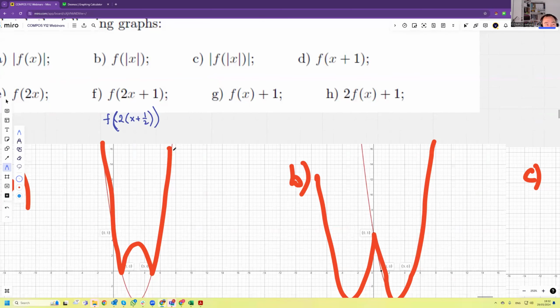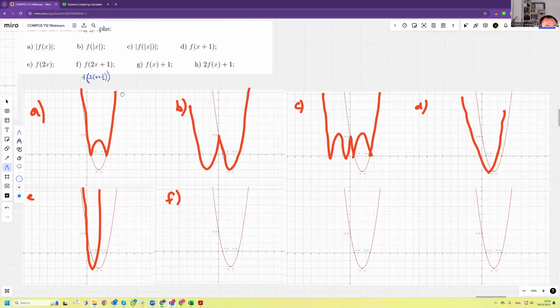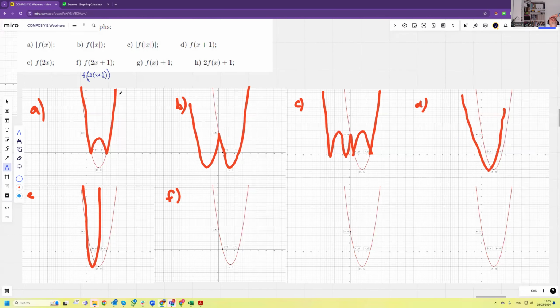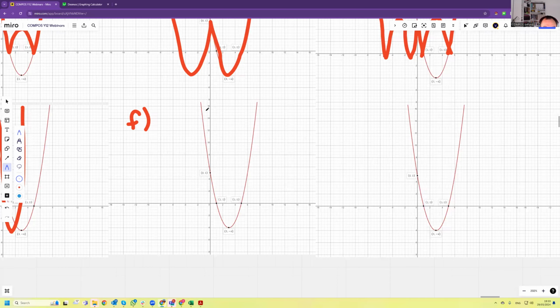So that means you make it narrower, and then you shift it by 1/2. So first you do this, and then you shift it by 1/2 to the left. So it goes like this.